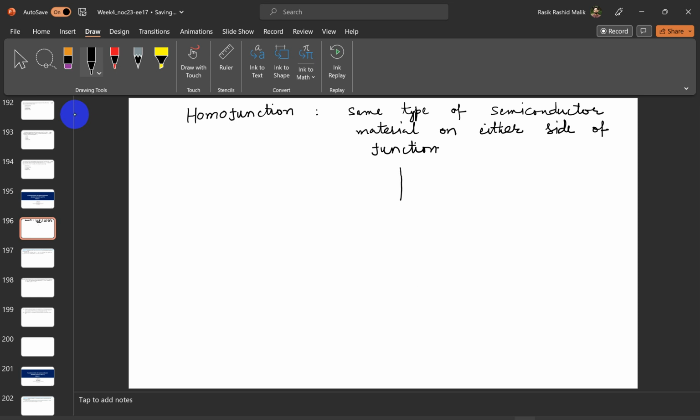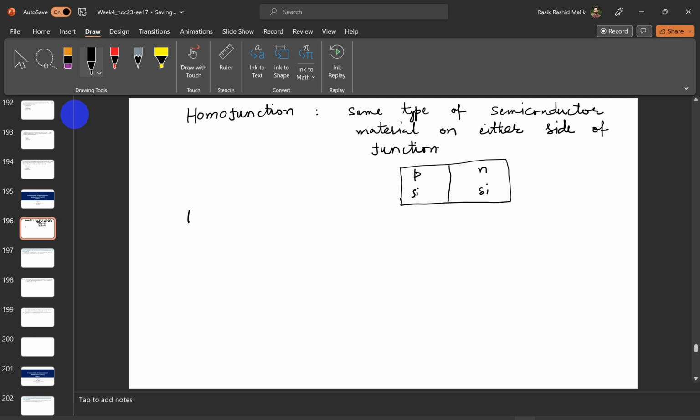Say we have a p-n junction, and on both sides, say this is silicon and this is silicon. This type of junction is called a homojunction.